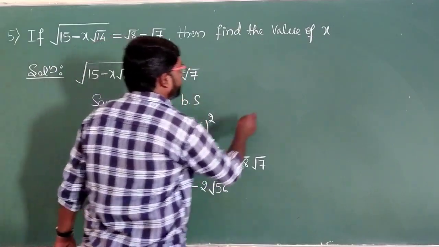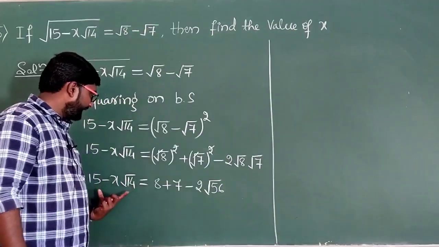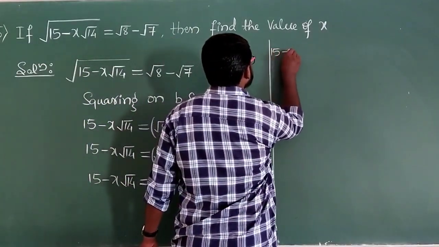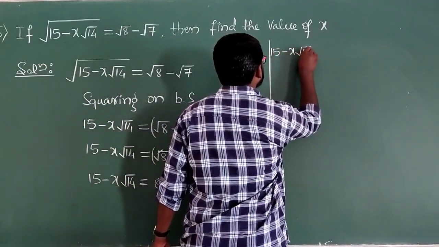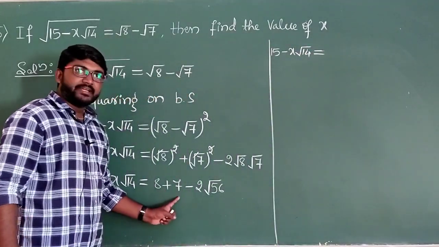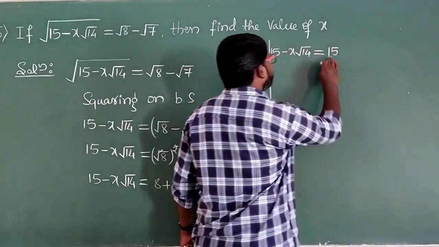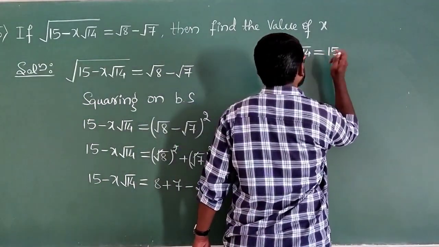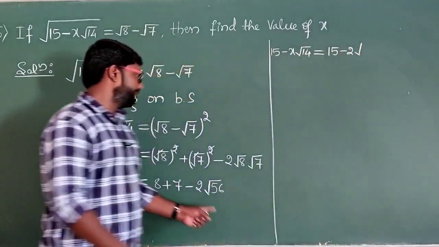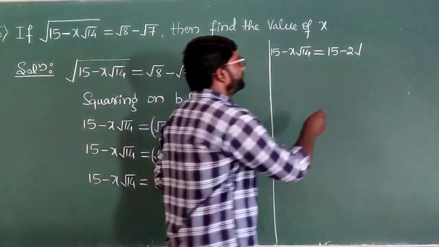In the next step, I write the LHS as it is, 15 minus x into root 14 equals, 8 plus 7 it is 15, and then minus 2 times square root of 56, which can be written as 4 into 14.